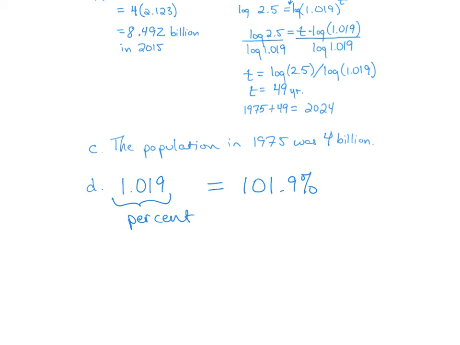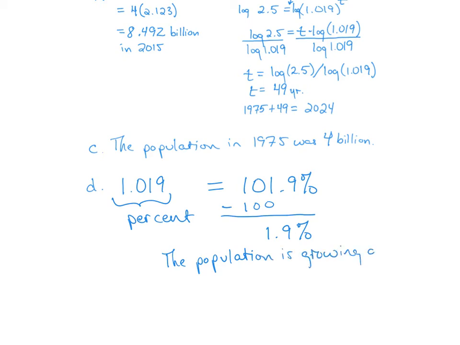So what we want to do in order to figure out the percentage of growth is I'm going to subtract off 100 to get 1.9. The population is growing at a rate of 1.9% per year.